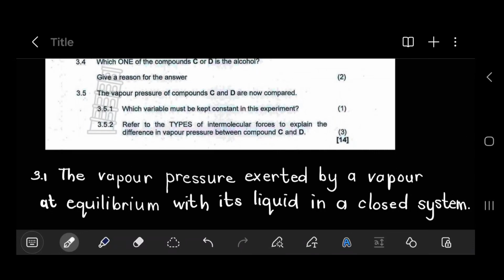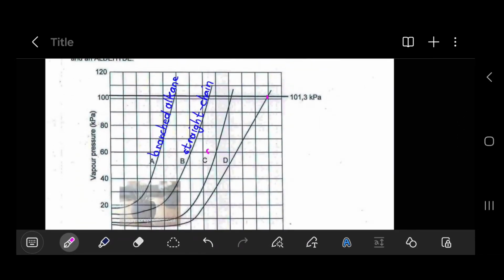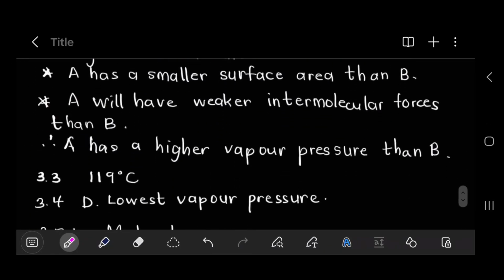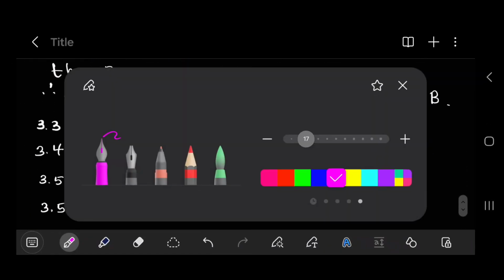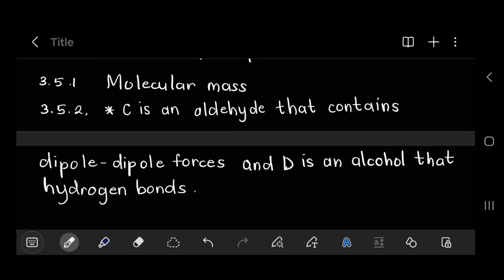It says refer to the types of intermolecular forces to explain the difference in vapor pressure between compound C and D. So just remember, we said that compound C is the aldehyde and compound D is the alcohol. Now let's start off by first talking about the type of intermolecular forces that each compound has.